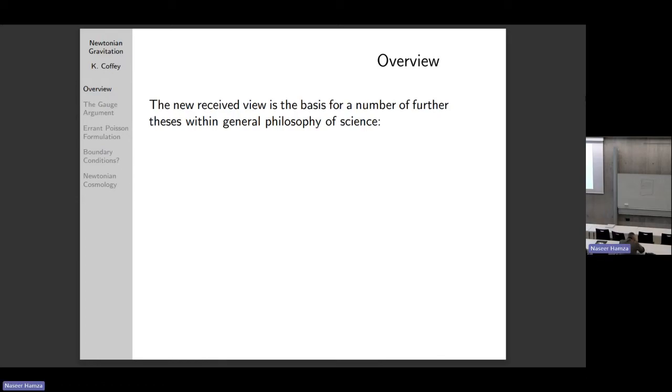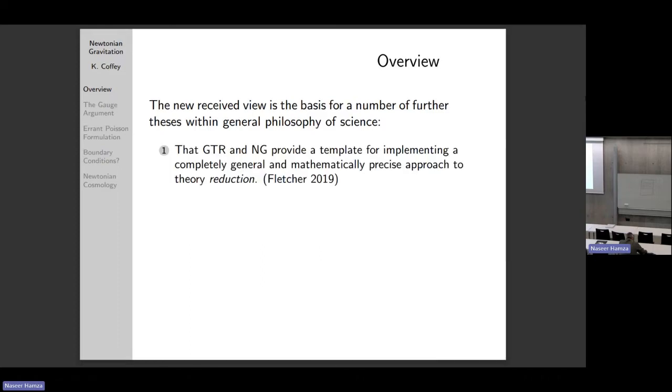Just by way of contextualizing this view, the new received view is the basis, I think, for a number of further theses within general philosophy of science. This case of Newtonian gravitation has been used to make a number of assertions. One is the claim that general relativity and Newtonian gravitation provide a template for implementing a completely general and mathematically precise approach to theory reduction.